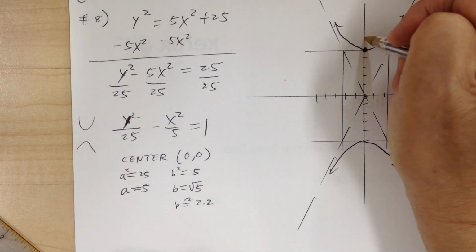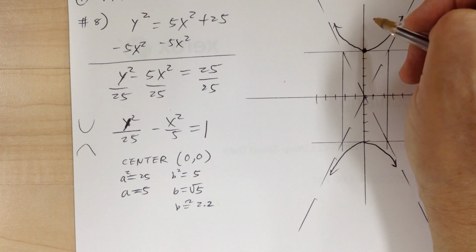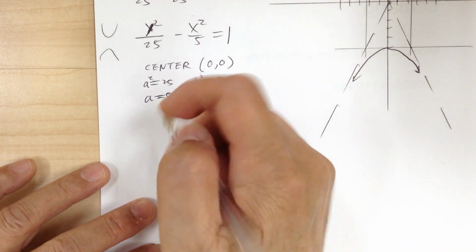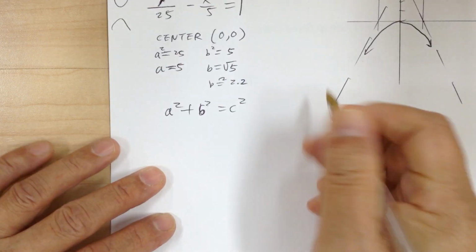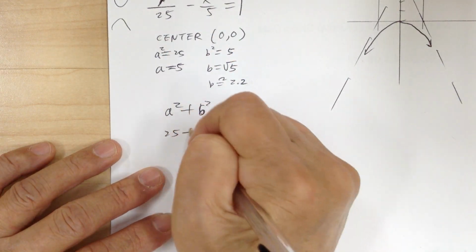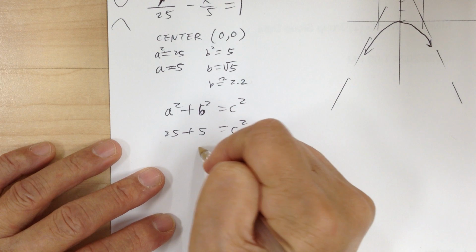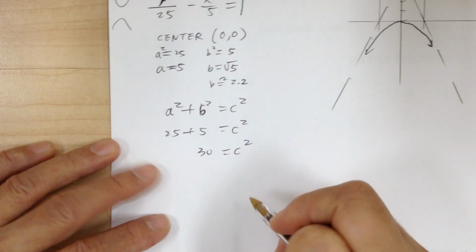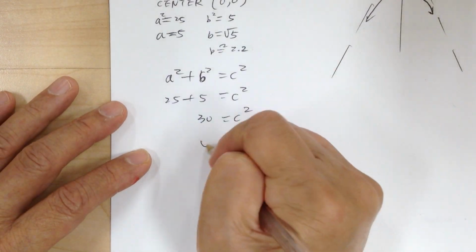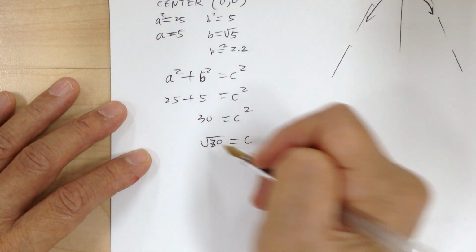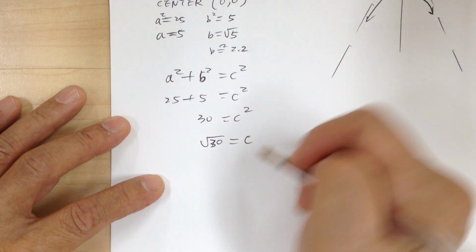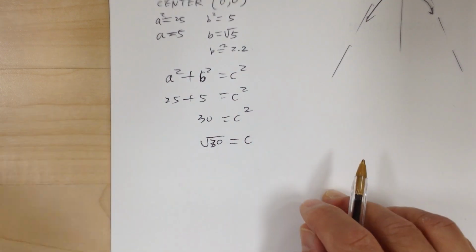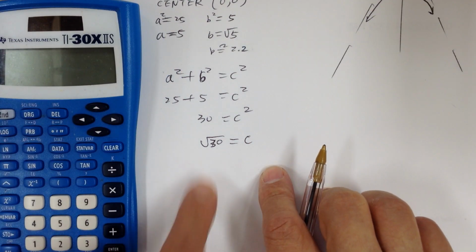Now you have to find the foci, right? For that, you use a squared plus b squared equal to c squared. Substituting, you get 25 plus 5 equal to c squared. So 30 equals c squared, so c equals square root of 30. Again, you want to use a calculator to locate the point.